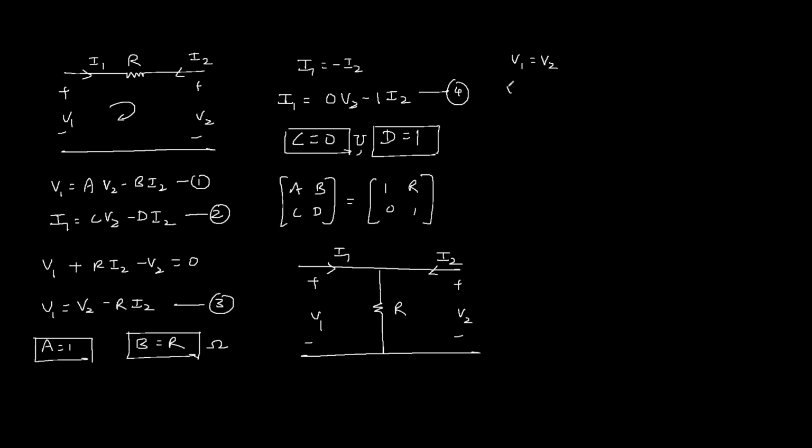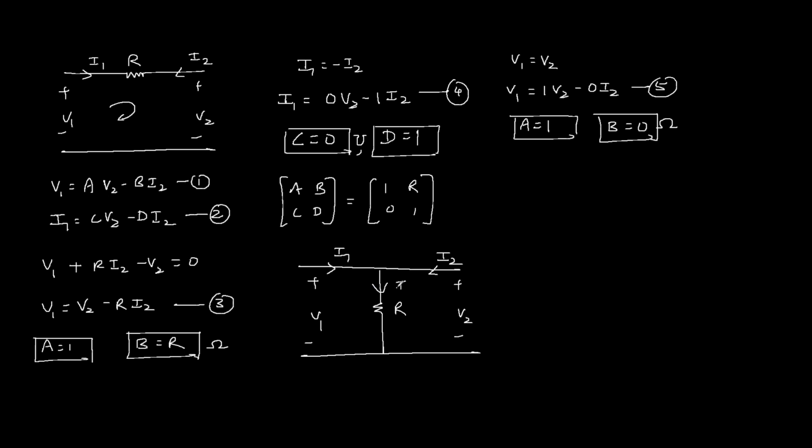Let's rewrite this equation: V1 equal to 1 V2 minus 0 I2. So this is equation 5. It has V1, V2 and I2. Equation 1 has V1, V2 and I2. So comparing 1 with 5, this will give A equal to 1, which is a unitless quantity, and B is 0 ohms.